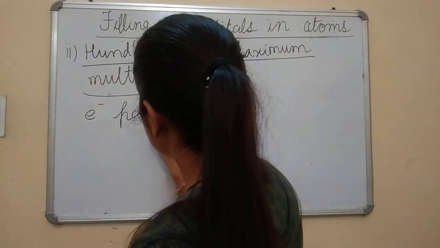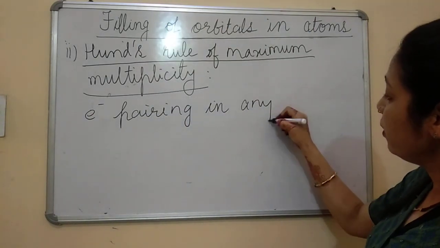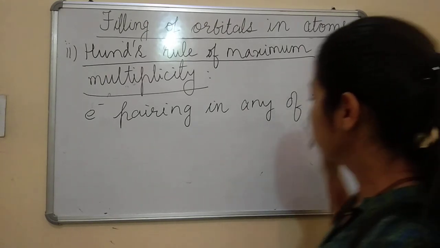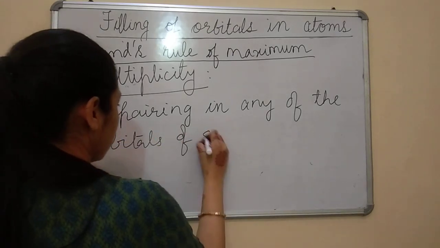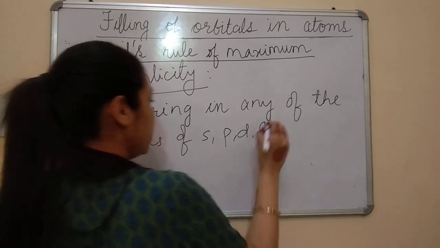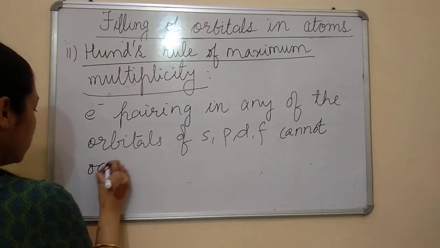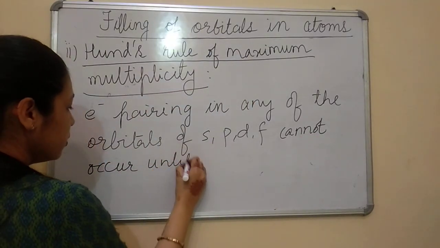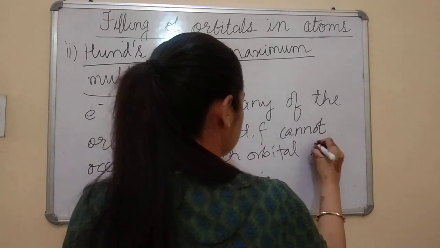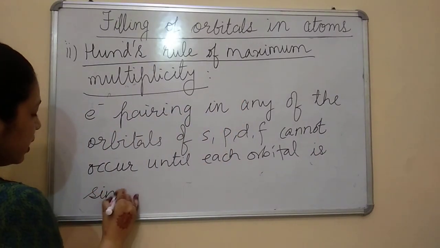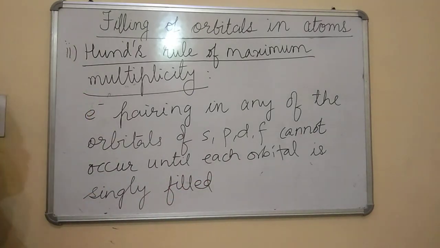Electron pairing in any of the orbitals of s, p, d, f cannot occur until each orbital is singly filled. So what does it mean, children?